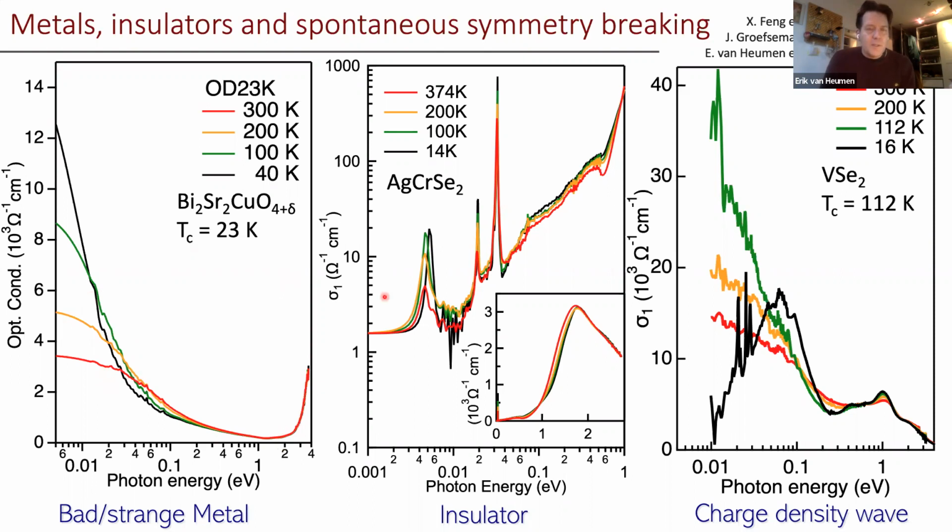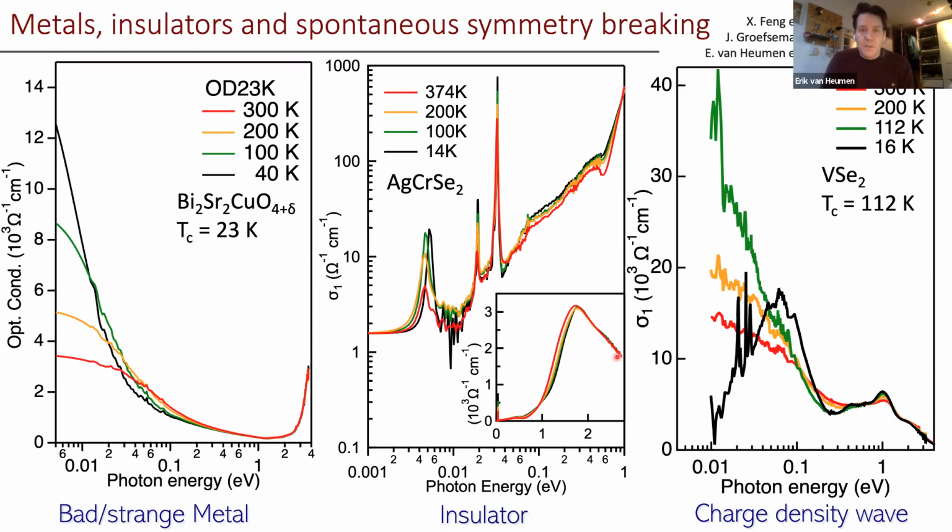It's very different in the insulator. Note that there is a factor 10 to the 3 difference in the two scales here. So if you look at the insulator, you see that the conductivity is much lower, which you might expect. It's an insulator. You see these phonon modes. And then at higher energies, you also see an interband response.